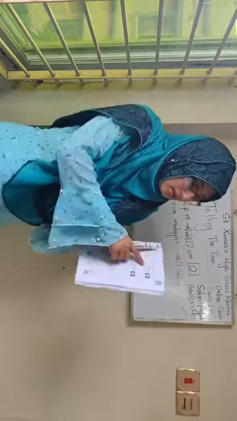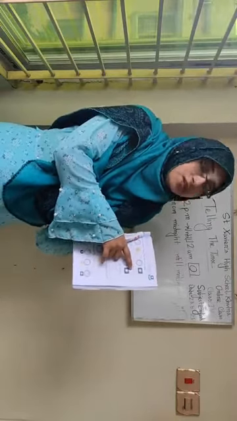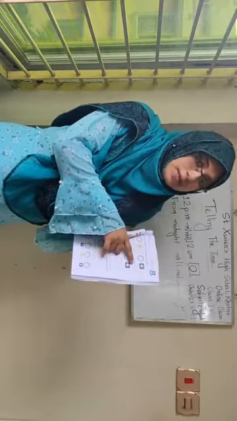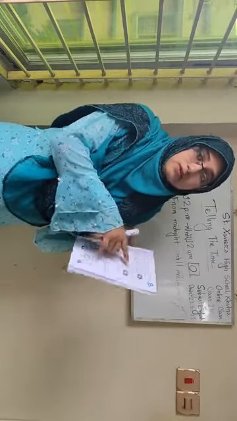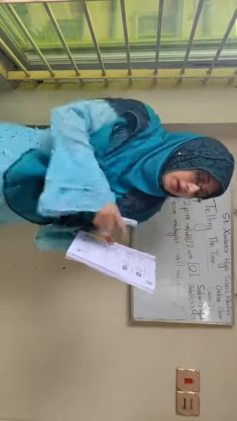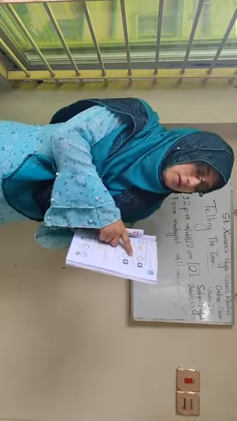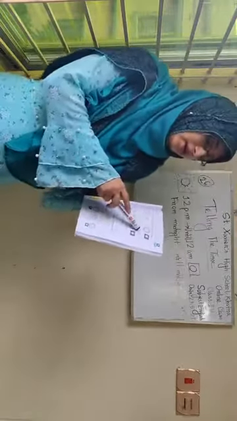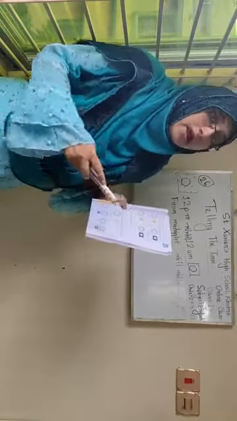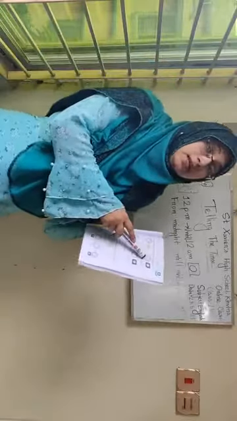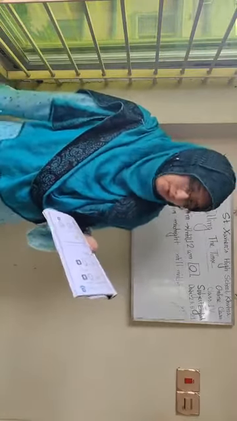And next, second one, B, is 8 PM. Can you say that it is true or false? It is of course true, because it's already 8 and we can see the moon here, so it is 8 PM, of course true.